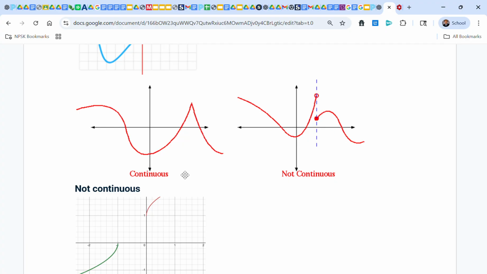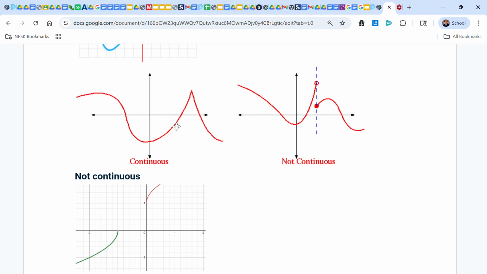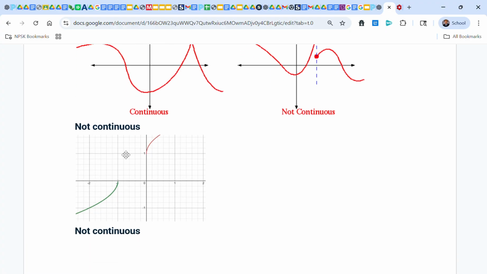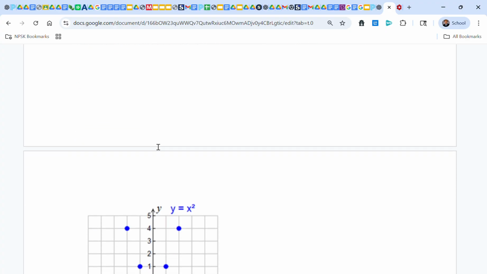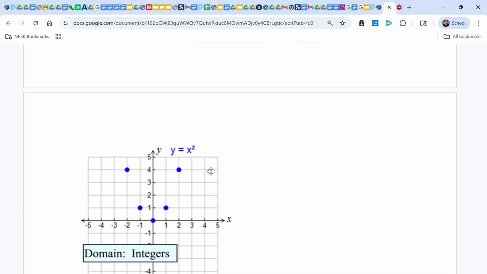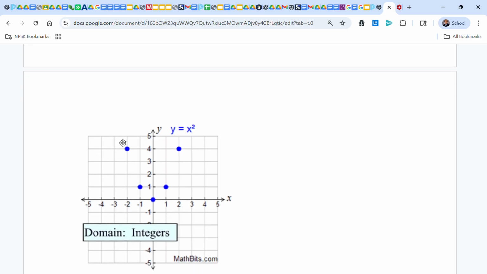There are also infinite discontinuities that drop off here and go to negative infinity and go up to infinity on this side over here. So this would not be continuous. This is continuous. This is also not a continuous function. Notice it jumps from here to here. And this over here is not a continuous function. It's not drawn as a smooth curve.